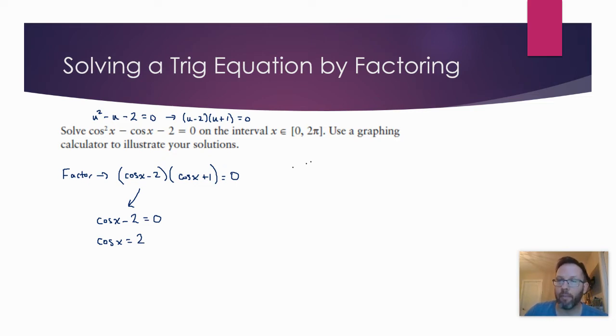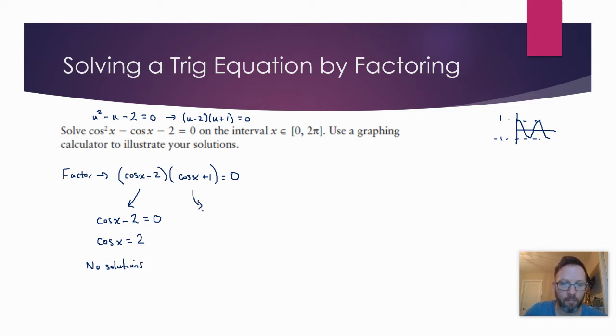And the answer is no, right? Our basic knowledge of the cosine function, highest and lowest it gets, 1 and -1. It is impossible to get a cosine value of 2. We get no solutions from this branch.